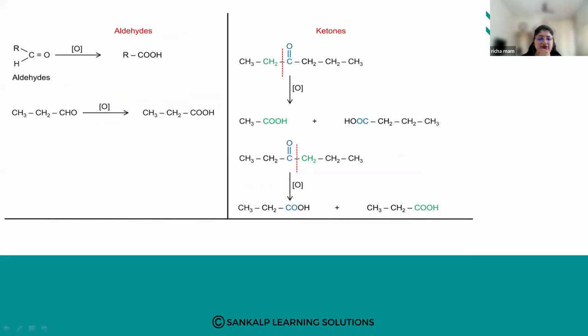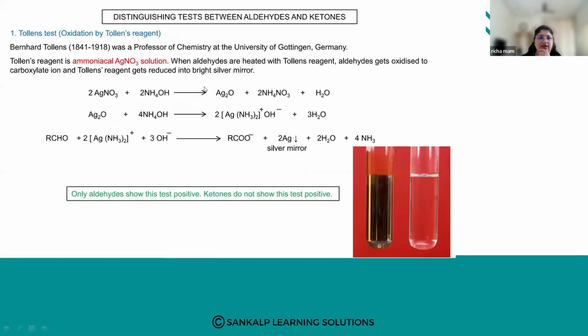Tollens reagent is an important test, so mark this as important. Tollens reagent is called an ammoniacal solution of silver nitrate.